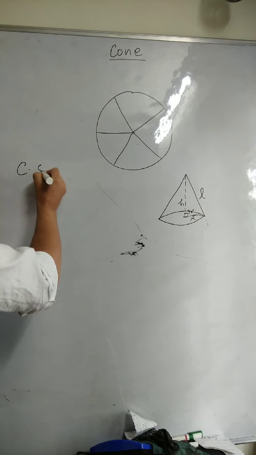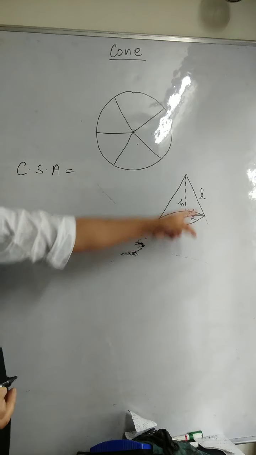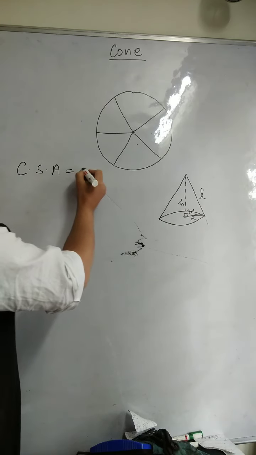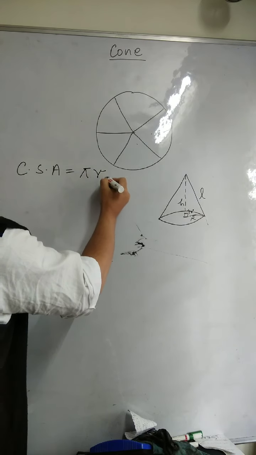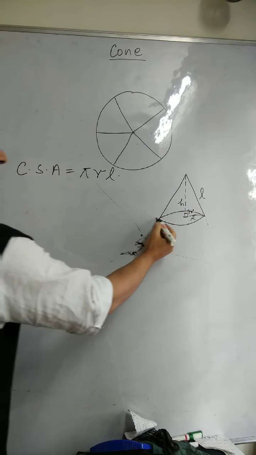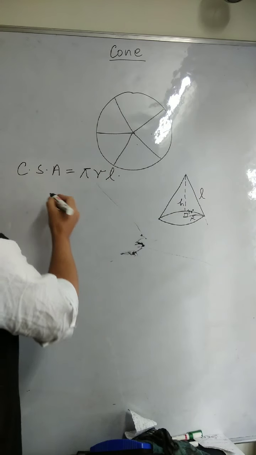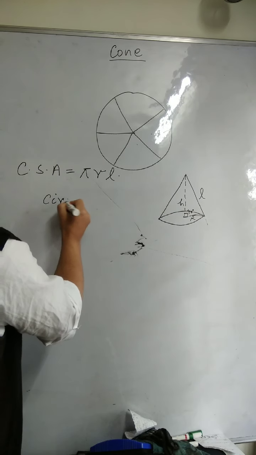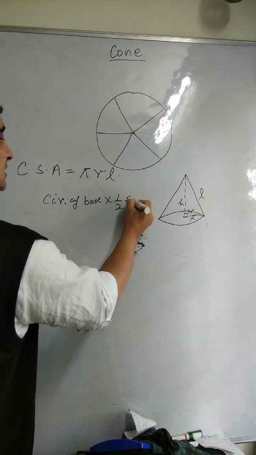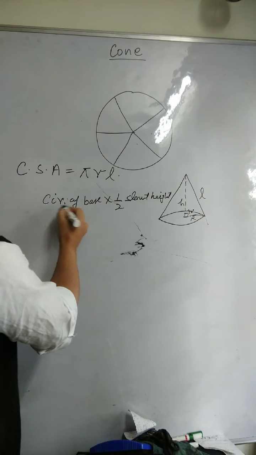Now, if you are asked to find curved surface area of this cone, its curved surface area is equal to pi r into L, or you can say simply circumference of the base into half the slant height.